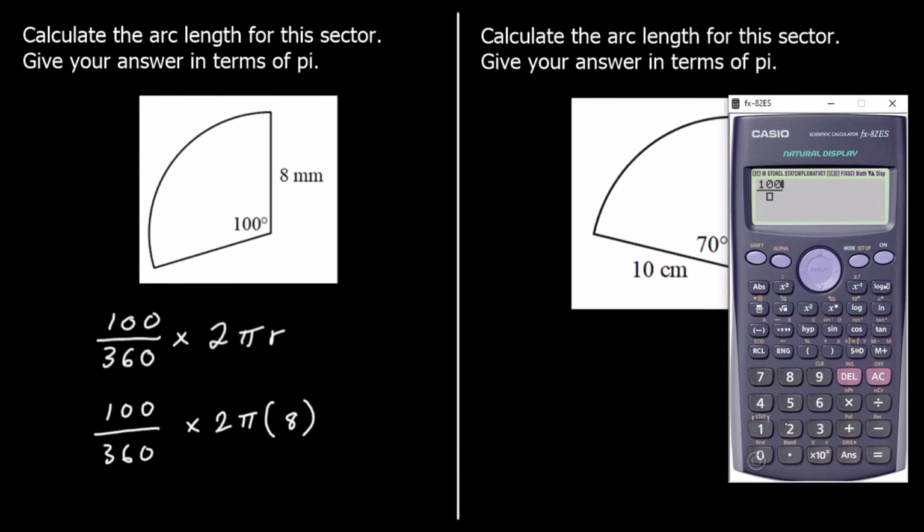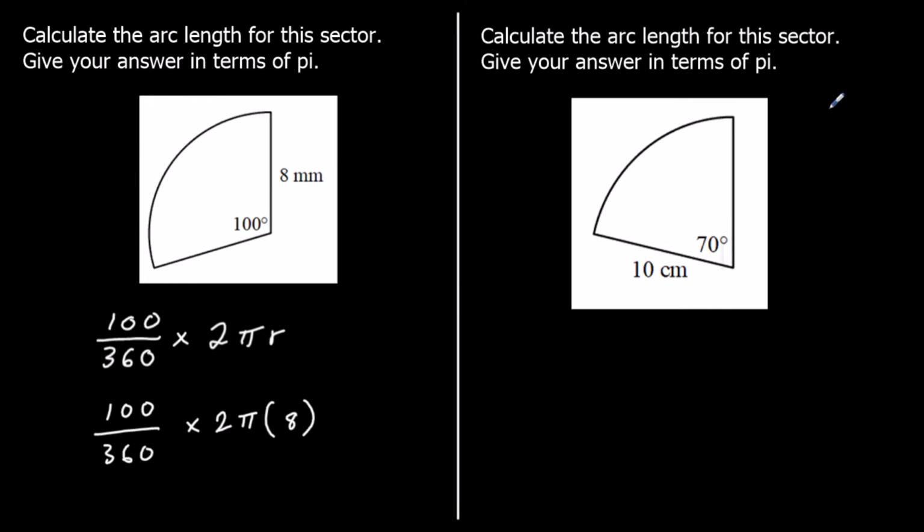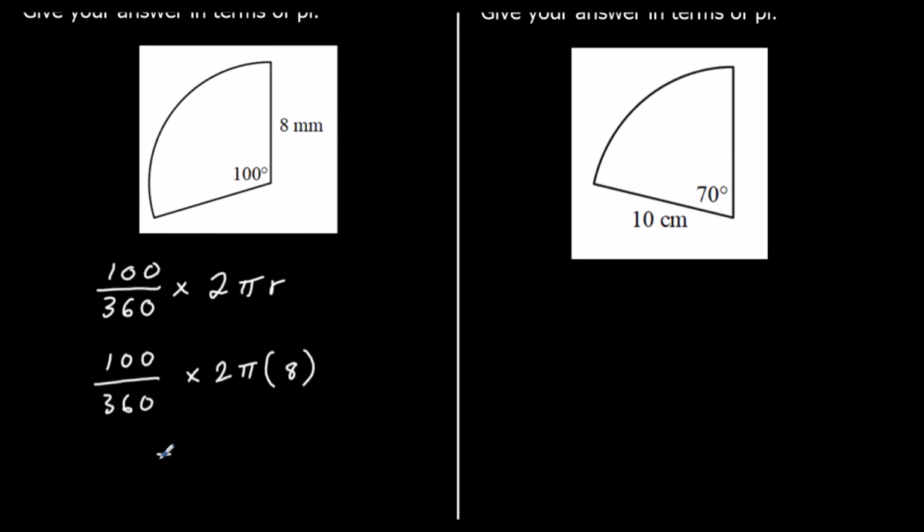So 100 360ths times 2 times pi times 8. And I've got 40 over 9 pi. So I'm going to leave my answer in terms of pi. So it's 40 over 9 pi, and it's a length, and we're measuring it in millimeters this time.